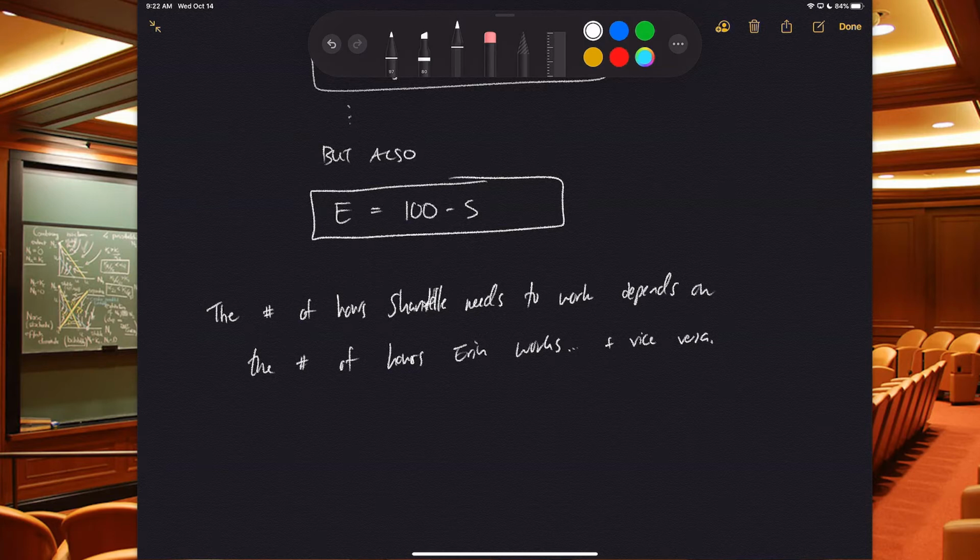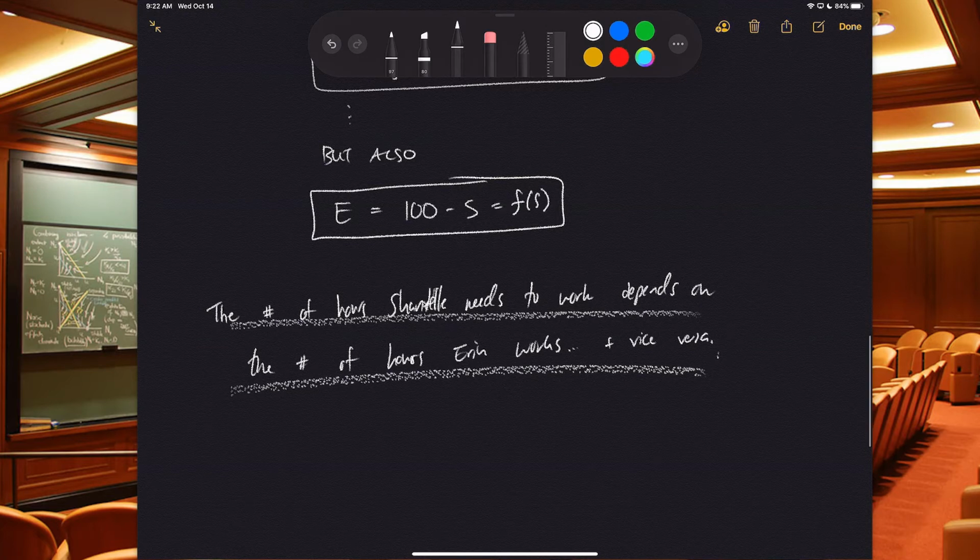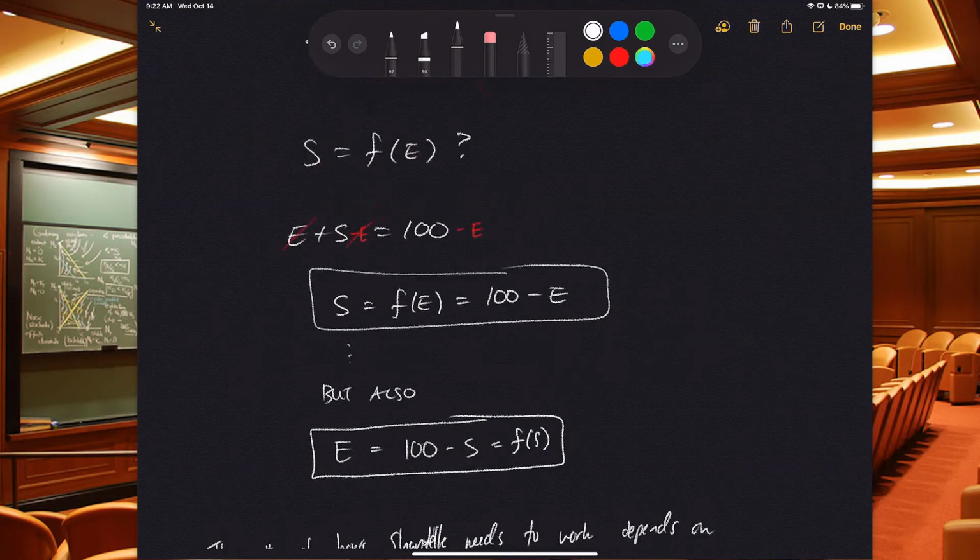Okay, so we could write E as a function of S. We could write S as a function of E.